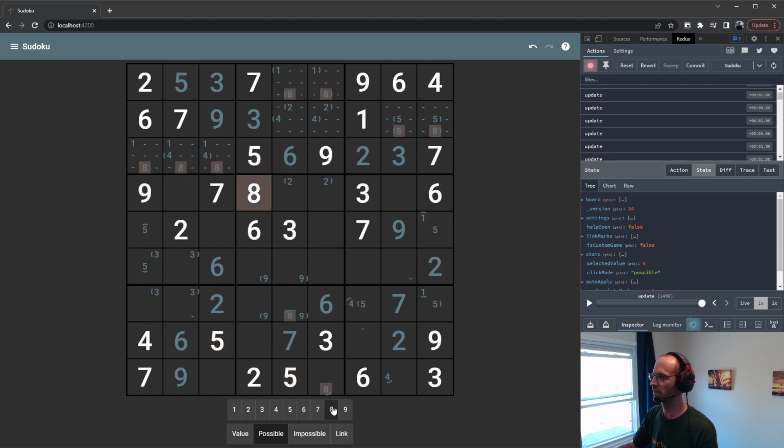And 8 could be in either one. Okay, so we didn't place anything, but we at least identified a strong link there, so that's cool.